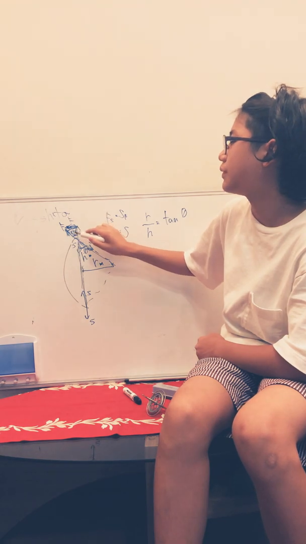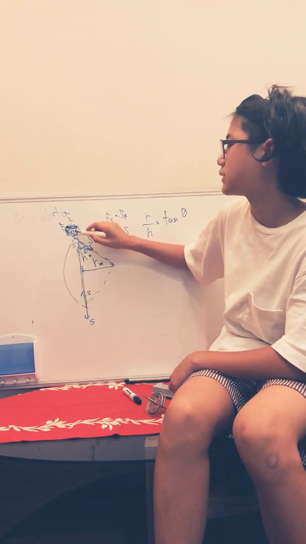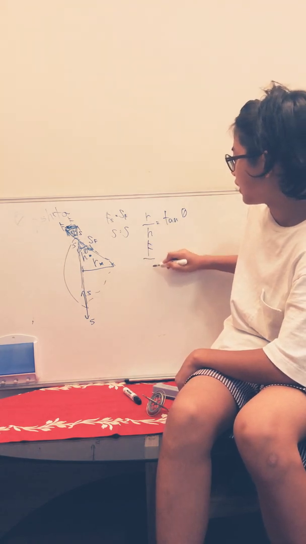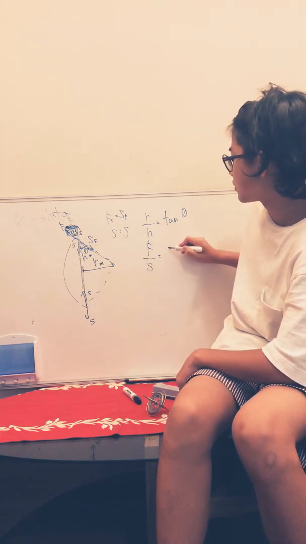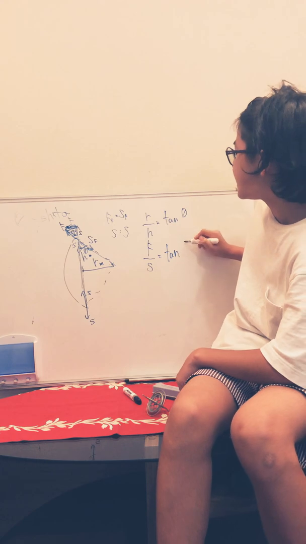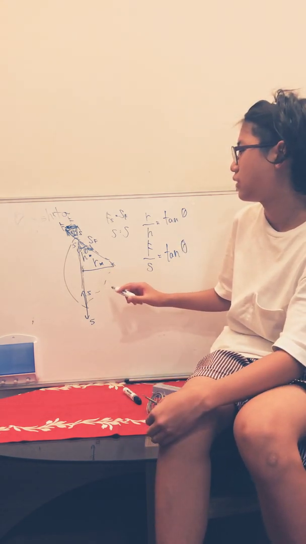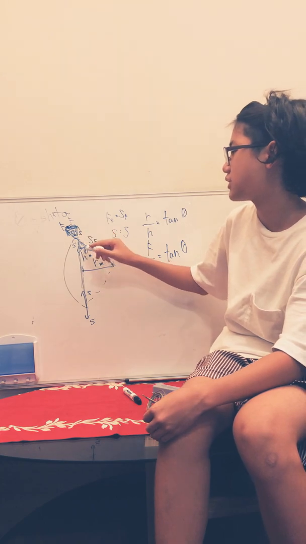And also, this theta can be described as F divided by S equals tan theta, because these degrees are the same, right?